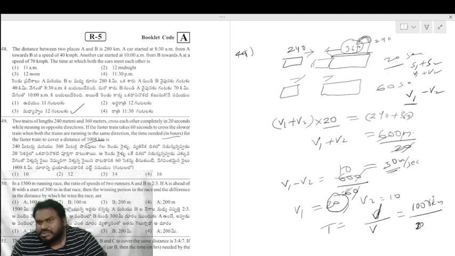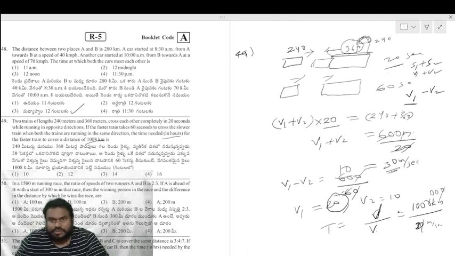Or else you can convert kilometers into meters, multiplying with 1000 more.